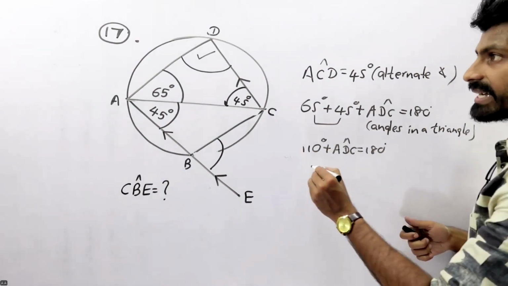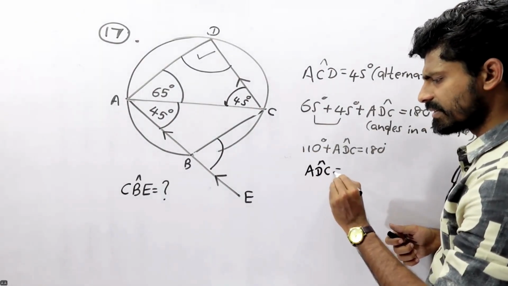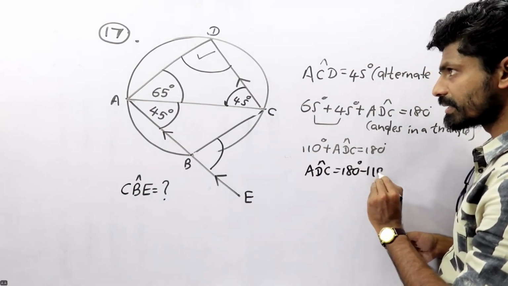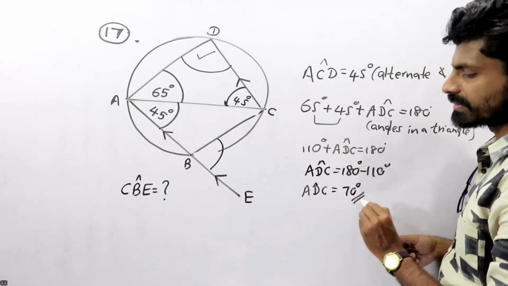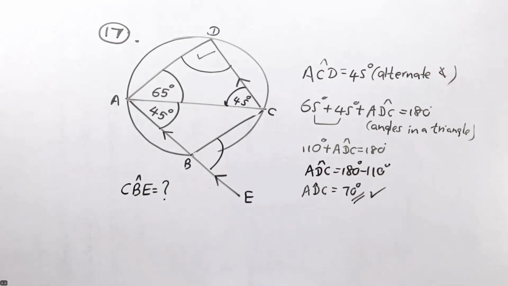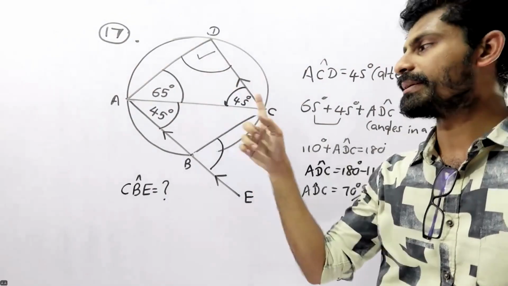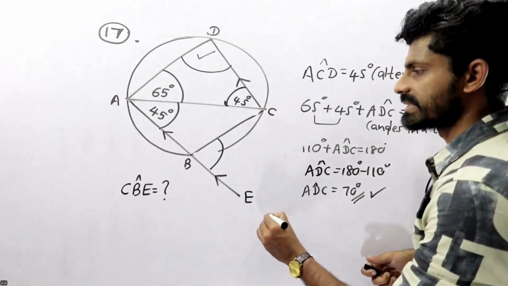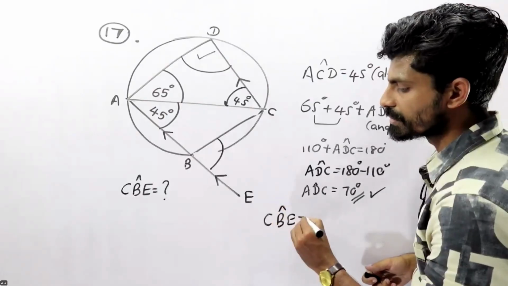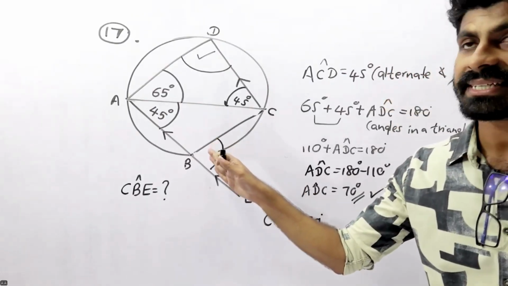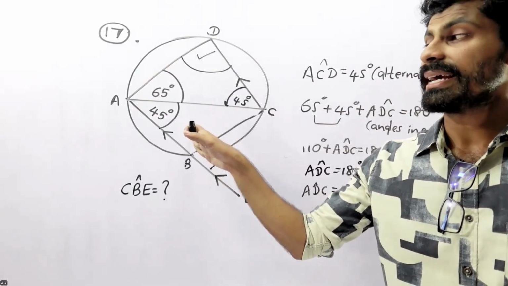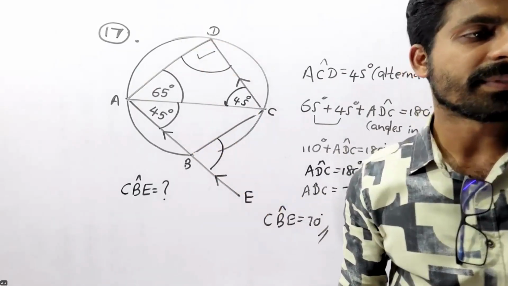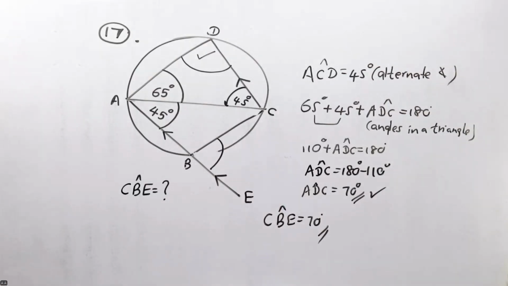So ADC equals 180 minus 110. ADC equals 70. ADC 70 means CBE is also 70, because the exterior angle equals the interior opposite angle of the cyclic quadrilateral.